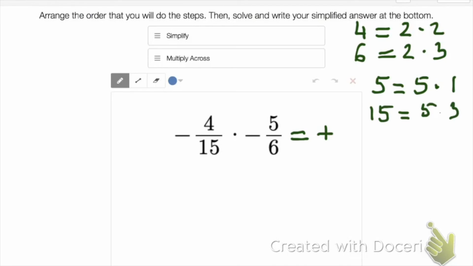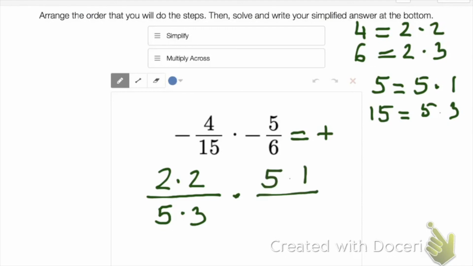So instead of writing 4, I will write 2 times 2. And instead of writing 15, I will write 5 times 3. Instead of writing 5, I will write 5 times 1. And instead of writing 6, I will write 2 times 3. So now let me simplify. I have 2 on the top and 2 on the bottom, so I will cancel them out.